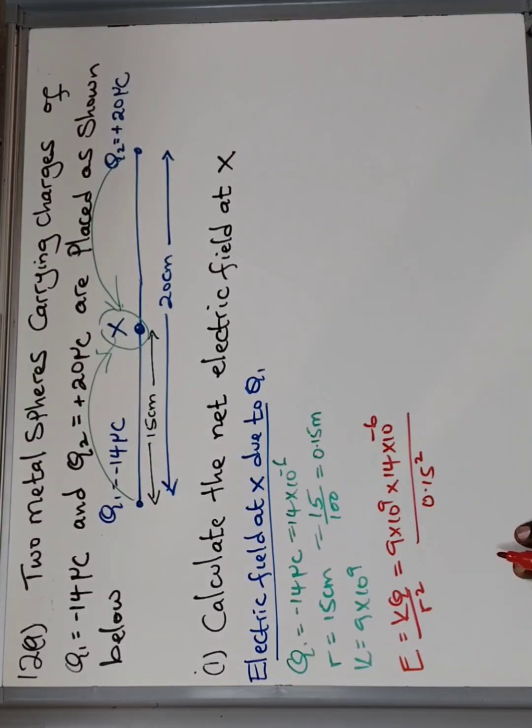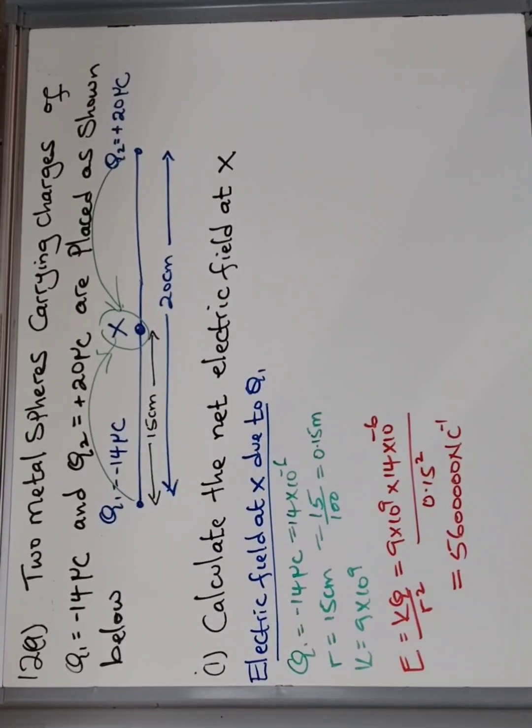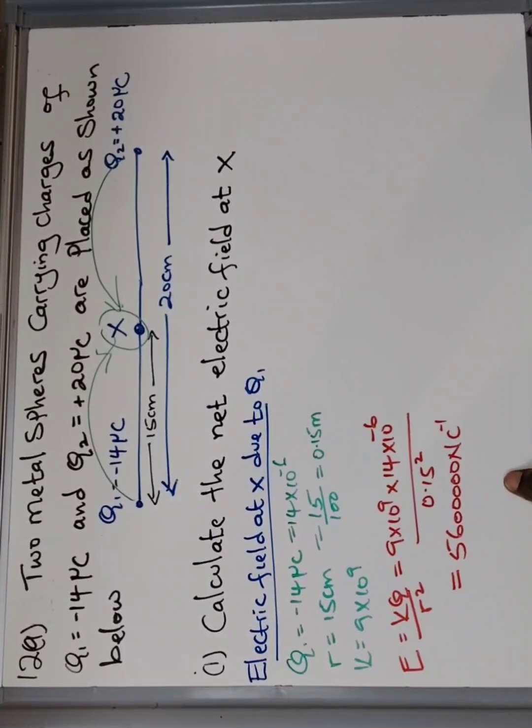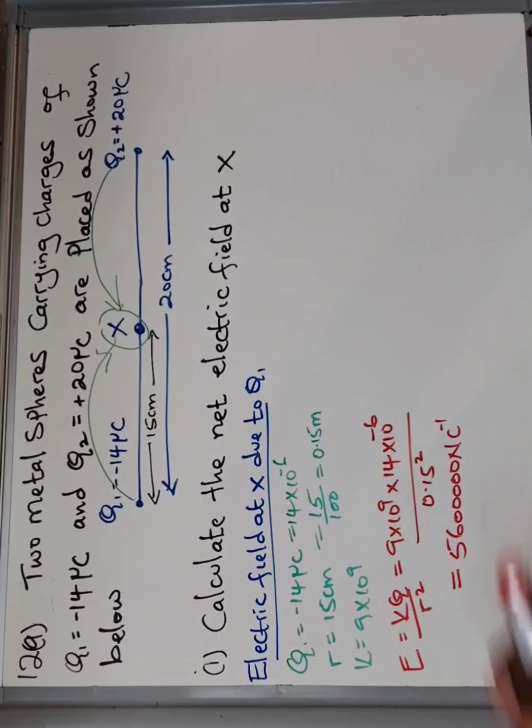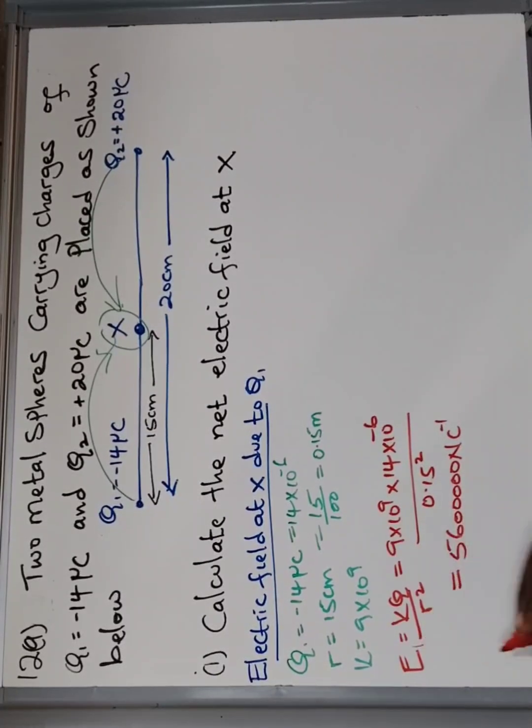So under this circumstance, we know E. Let's get that one. So there we are. This is our E. We can call it E1. And after getting it, what is the next step?